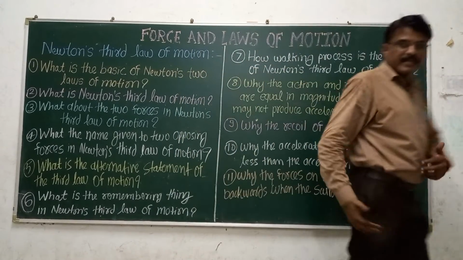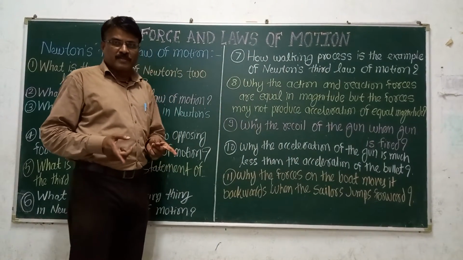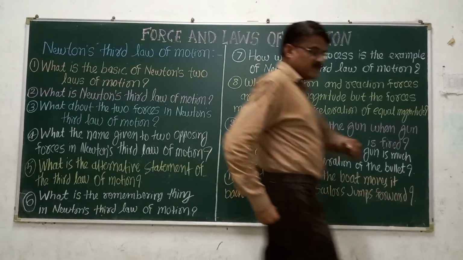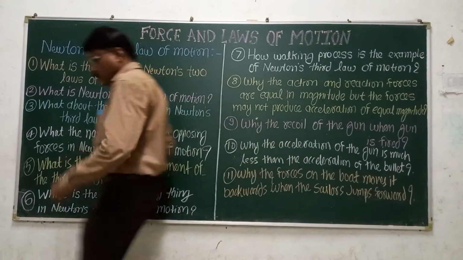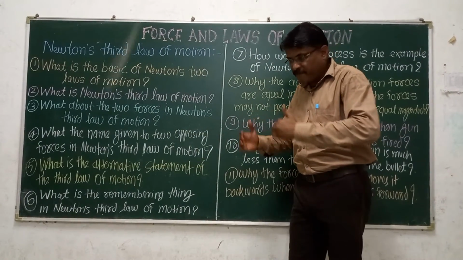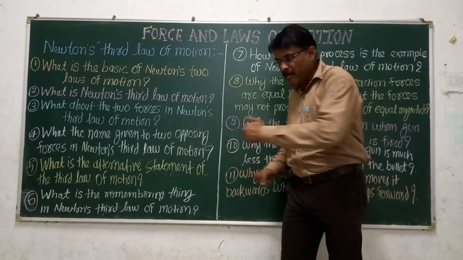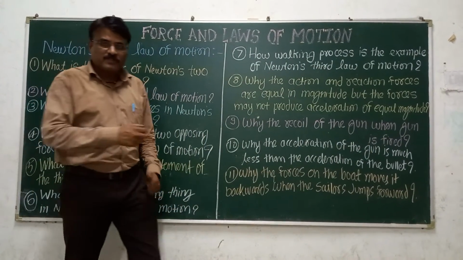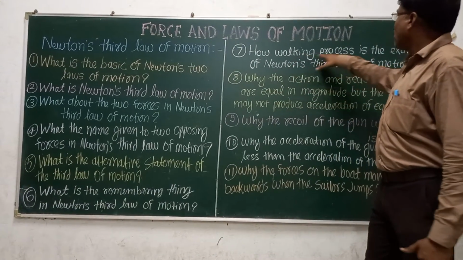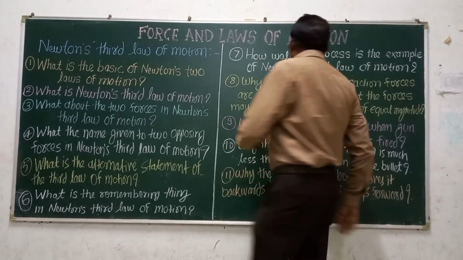If I am walking very fast, I am exerting a force in large quantity. Due to that, my movement of walking is also fast. In this way, the walking process is an example of Newton's third law of motion.